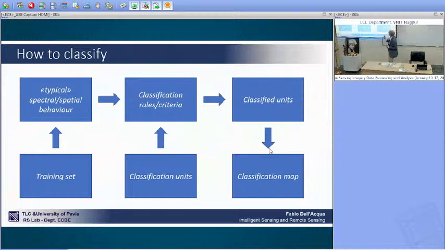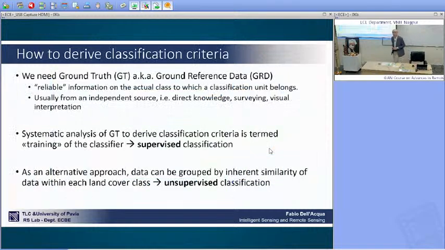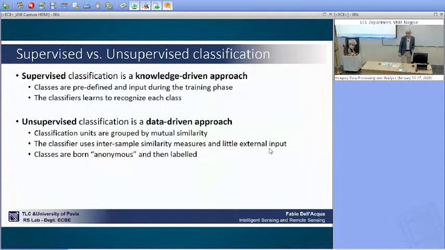So here we have classified units. And these classified units will build the classification map that I am interested in. Now, whether I want to keep this part or not determines whether I am using so-called supervised or unsupervised classification. Are you familiar with this concept? Okay. You probably have seen both cases, supervised and unsupervised.